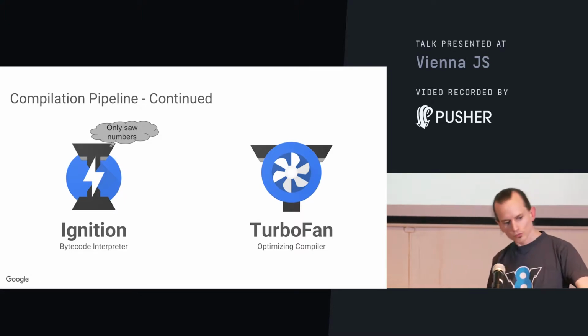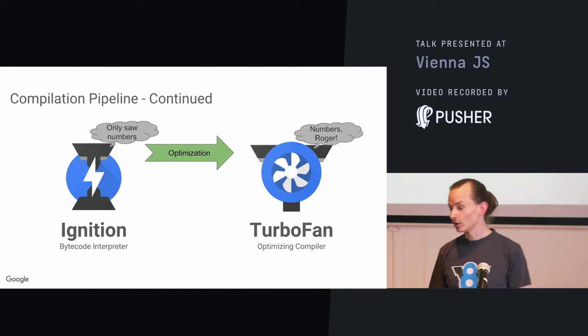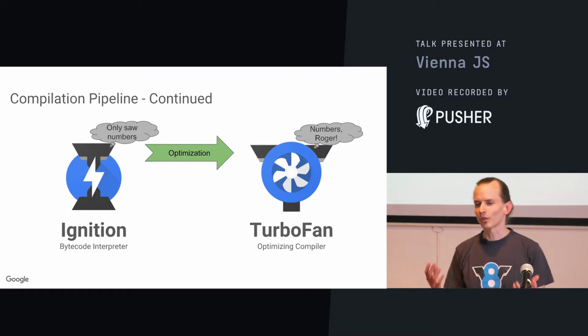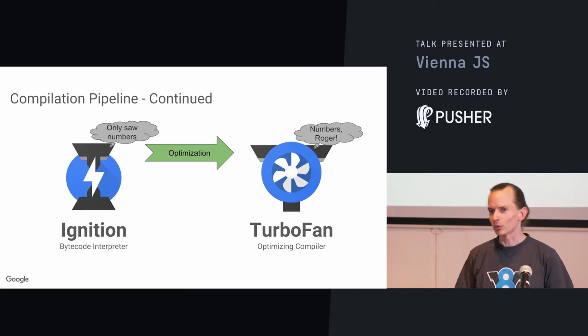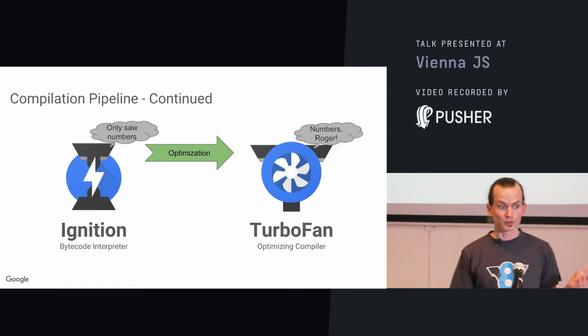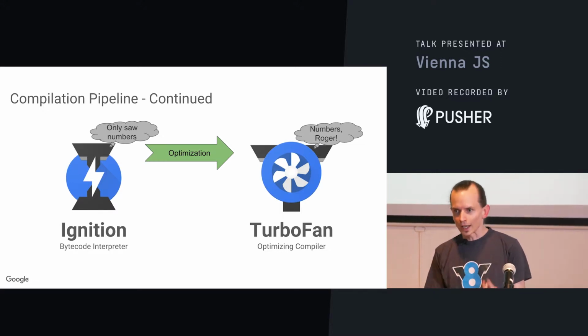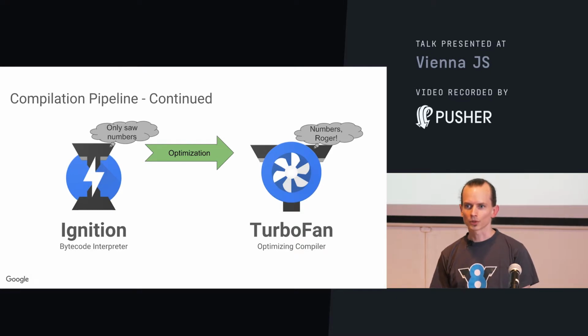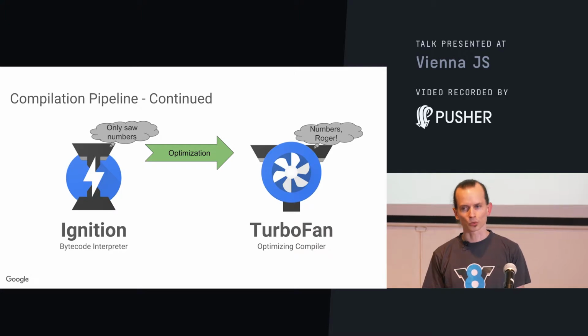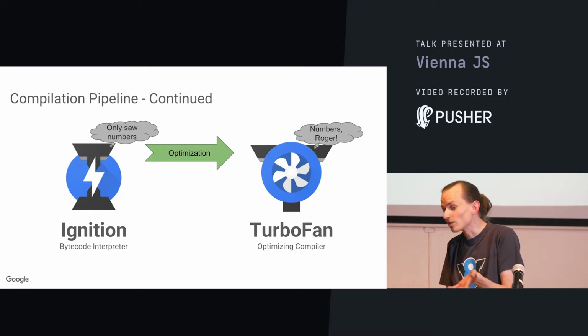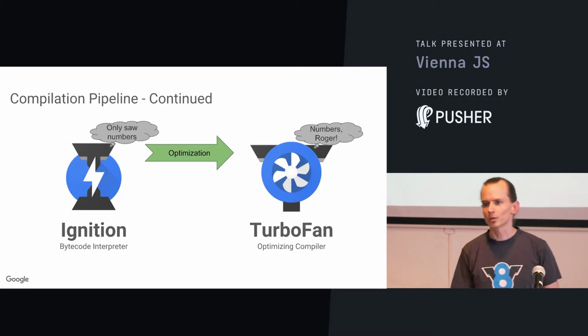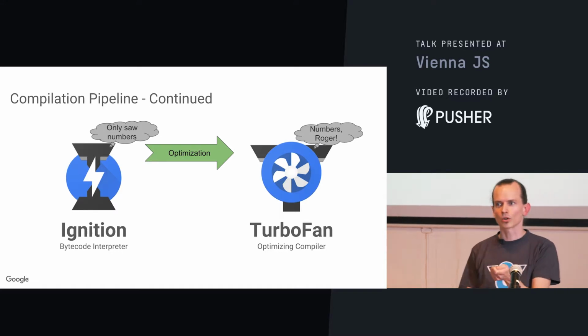And it tells the optimizing compiler, hey, you only have to worry about numbers because I saw numbers 500 times. So there will not be a string around. And Turbofan is like, yes, can do that. And Turbofan generates highly optimized code for exactly that kind of situation, because that was the situation that was observed before. But then on the 501st iteration, it might be that you suddenly pass in a string or an object.